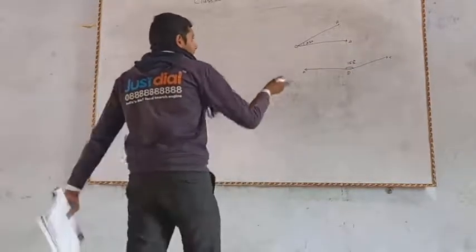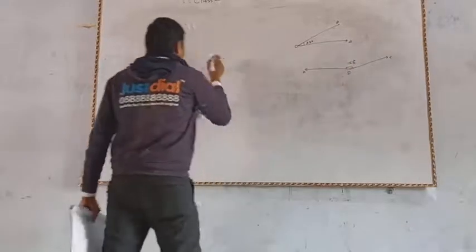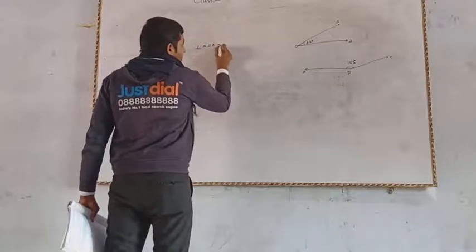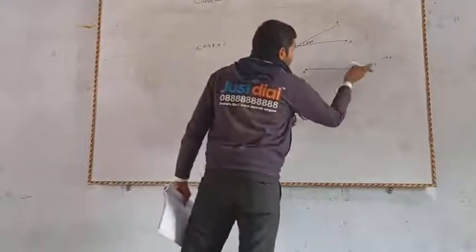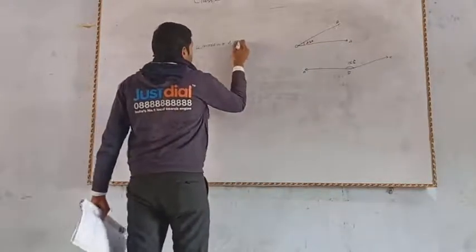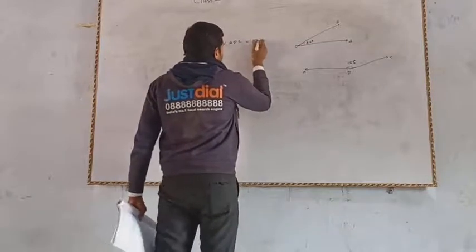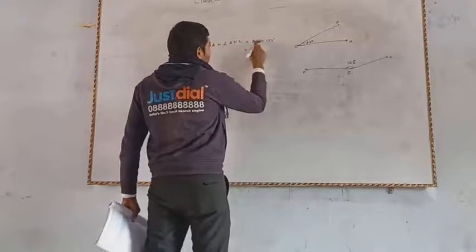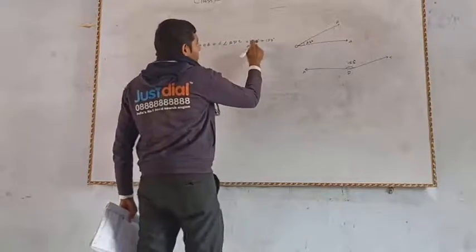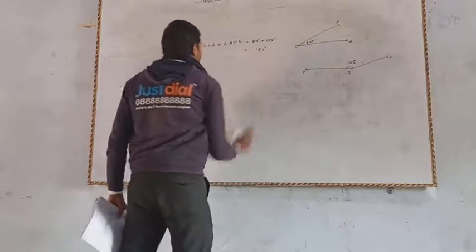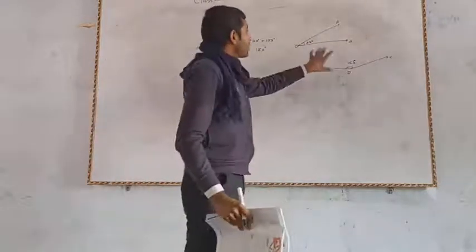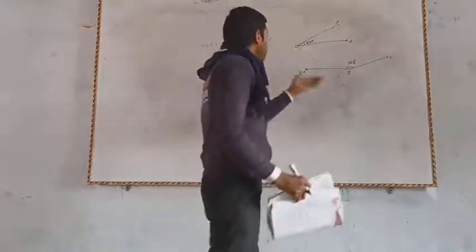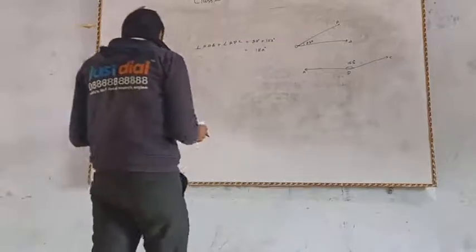We see that the sum of the two angles is 27 degrees plus 153 degrees, which is equal to 180 degrees. If the sum of any two angles is equal to 180 degrees, then we can say that they are supplementary angles.